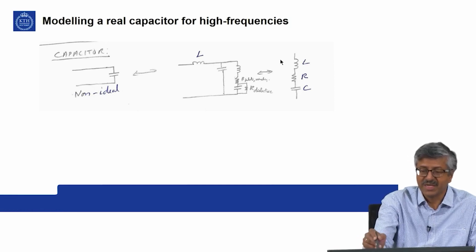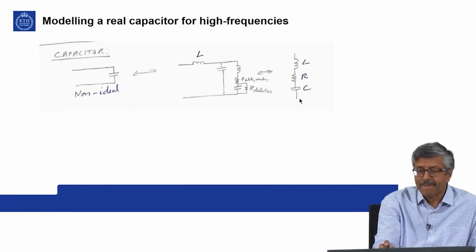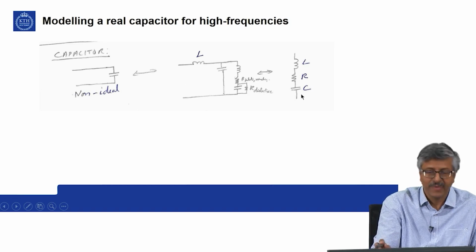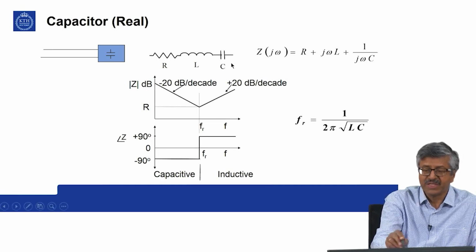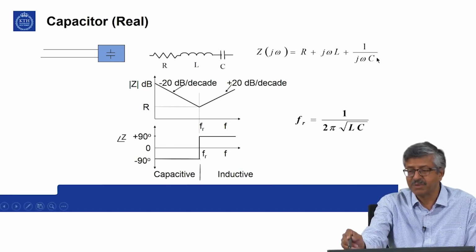So, it is a series resonance circuit. Sorry, this is not an idealized capacitor, this is a real capacitor as opposed to an idealized capacitor C. So, if we write the impedance of this real capacitor, then we get R plus j omega L plus 1 by j omega C.